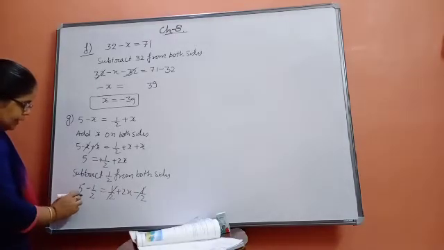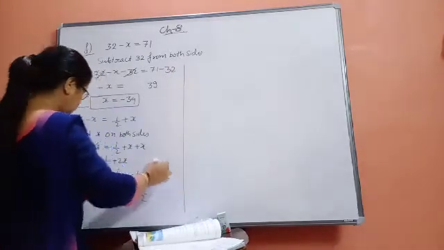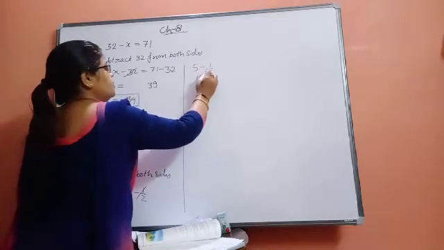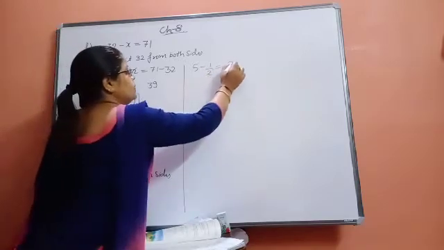So here you will take the LCM. 5 minus 1 upon 2 is equal to 2x, only 2x will remain here.